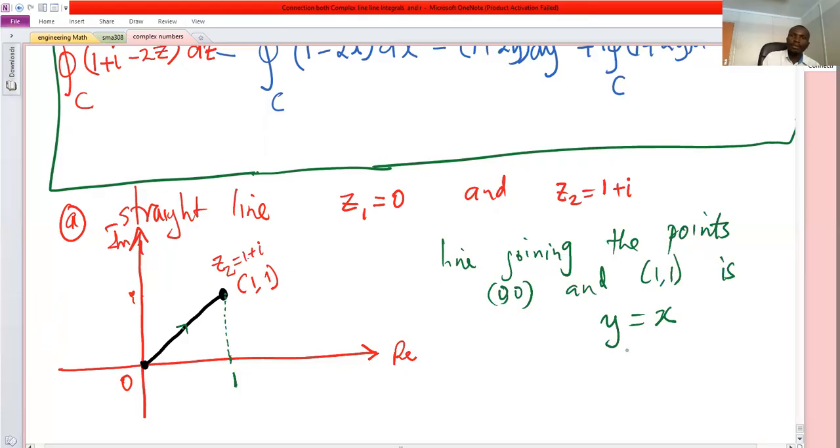So if we use the limits of x, x will be changing from 0 to 1. And where there is y in this equation, we replace by x, and dy equals to dx.